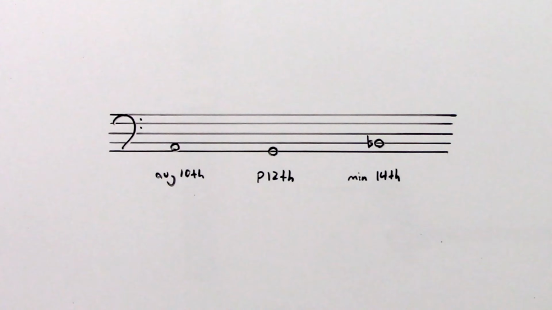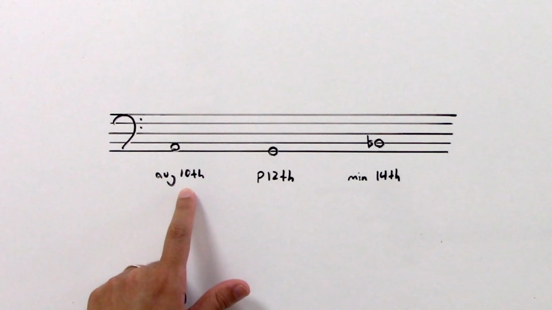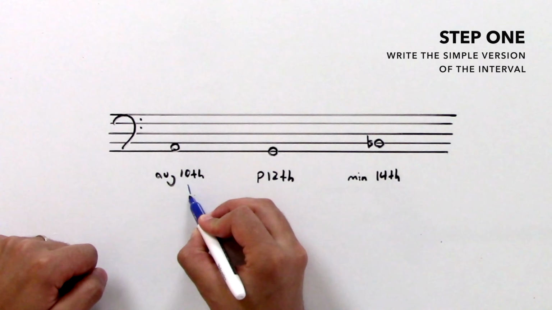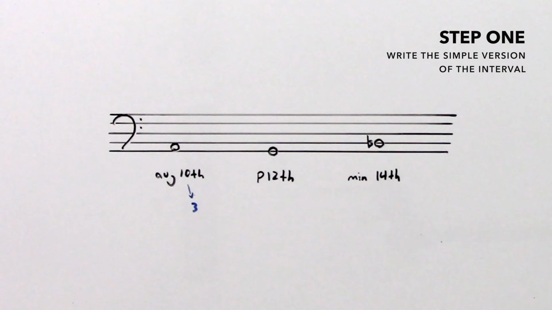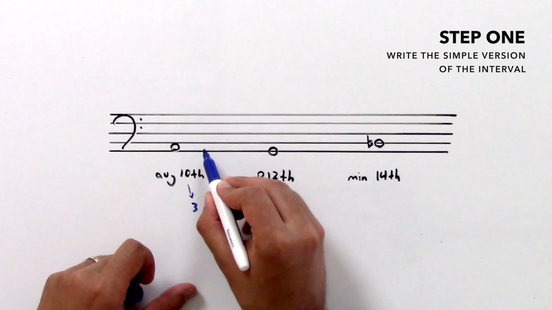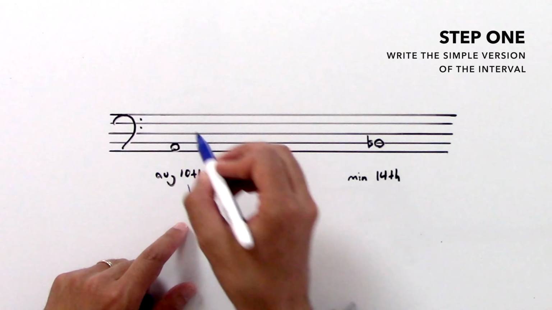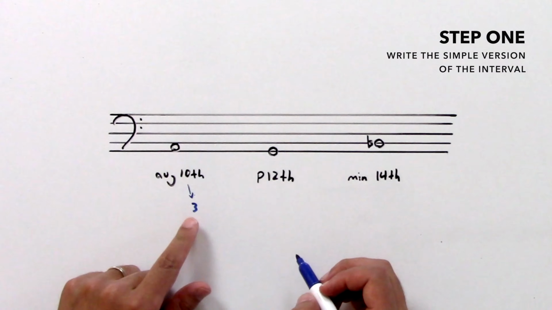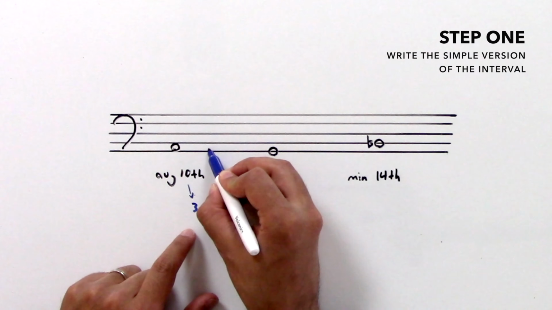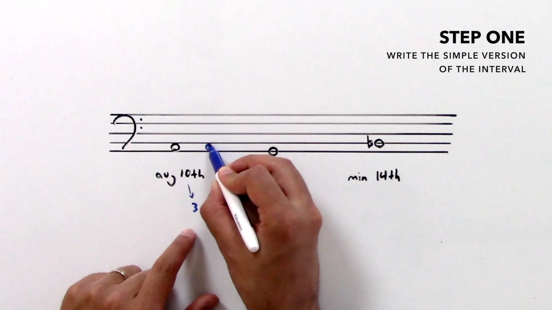So let's start with this augmented tenth. I know that a tenth is actually the same thing as a third. Over here on the side of my page, I'm going to create an augmented third, and then I'm going to transpose the top note up to create a tenth. I'll write a secret A over here.